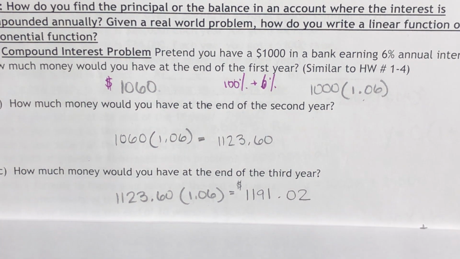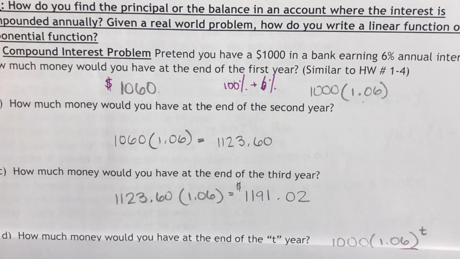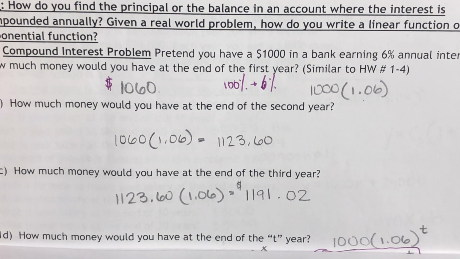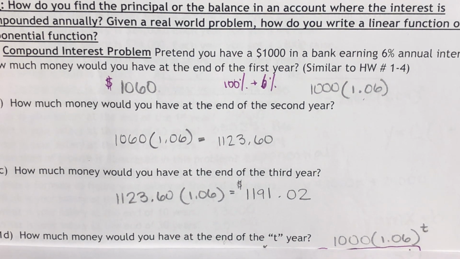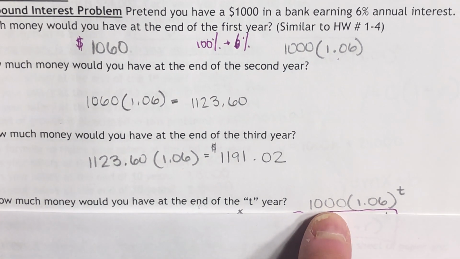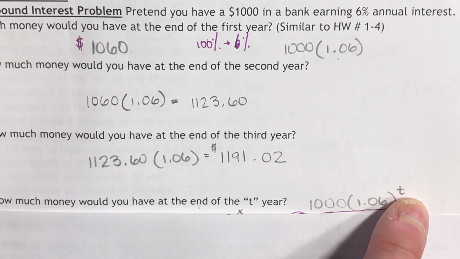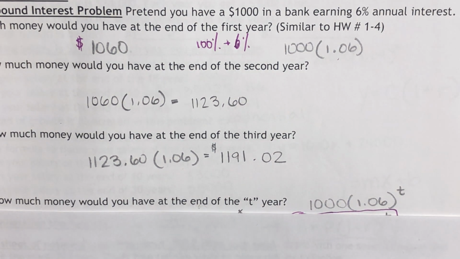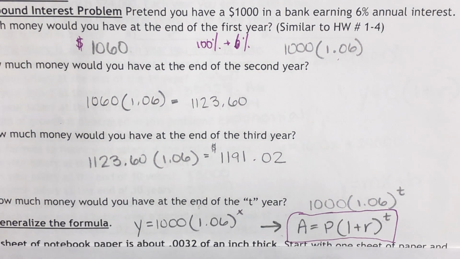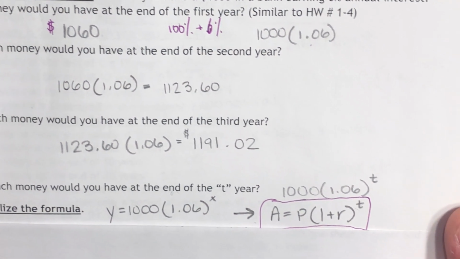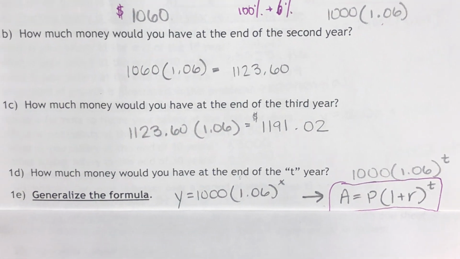And you'd have almost $1,200, $1,191.02. How much at the end of T years? So meaning any kind of year. So you would multiply 1,000 times 1.06 raised to the T power for whatever year you wanted. Okay? And so this is how we generalize that formula.